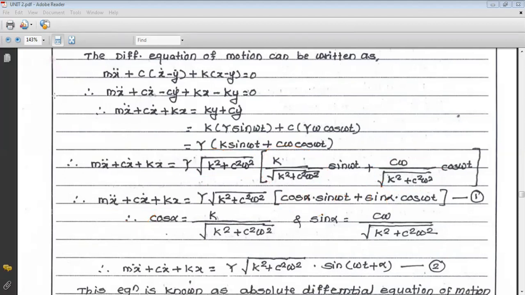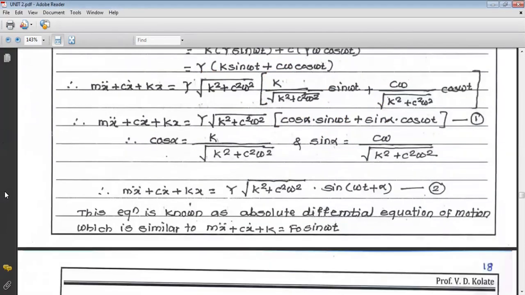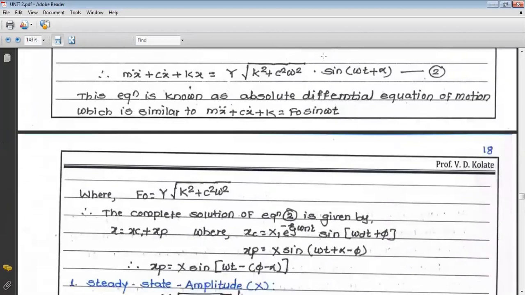Now what will happen? This equation, equation number 2, is similar to the equation of forced vibration due to constant harmonic excitation force, that is mx double dot plus cx dot plus kx is equal to F0 sine of omega t.